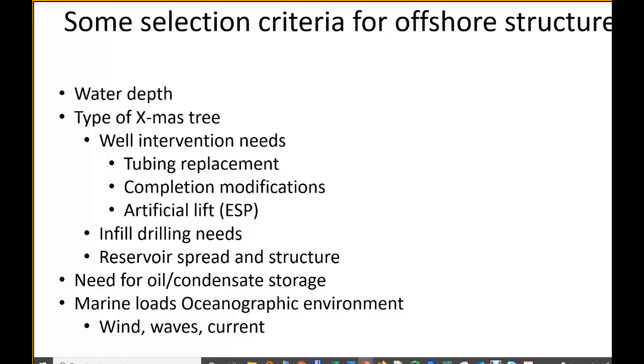For example, with a drilling package and the Christmas tree on the platform. Also, if you need infill drilling, you have a lot of uncertainty, and how many wells you have will depend on that uncertainty. Remember, for a dry system, you need to have this well bay. That is the system that is housing all of these wells. So if you need to make it bigger, let's say you're not sure, but you need 40 or 20 wells, then you need to have a lot of spare space.